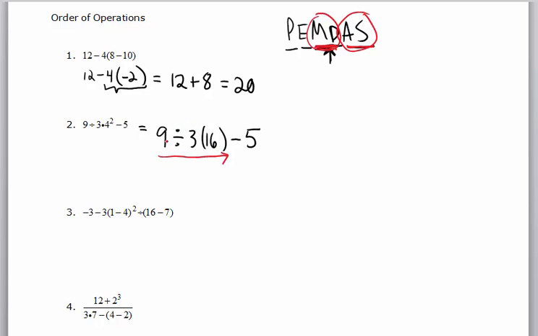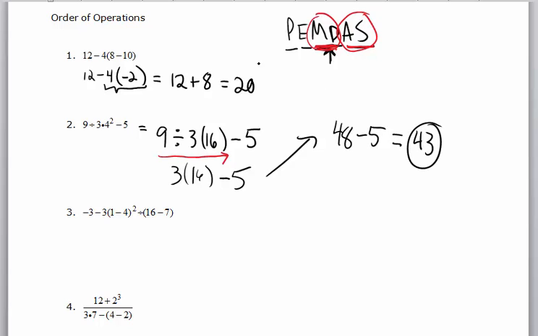So I will do 9 divided by 3 first, which is 3, and then I'll multiply that by 16. And I'm just bringing the 5 along for the ride. Then up here I go 3 times 16, which is 48, minus 5, and I get my final result for this problem of 43.